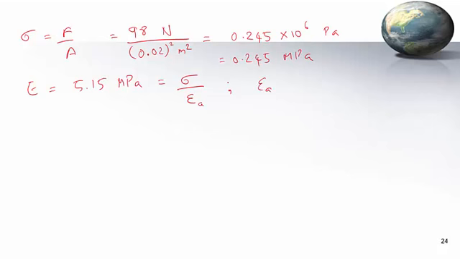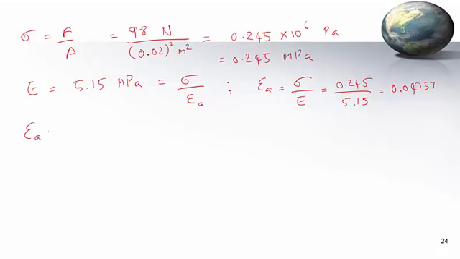Therefore, axial strain is equal to stress over Young's modulus, which is 0.245 divided by 5.15, which equals 0.04757.